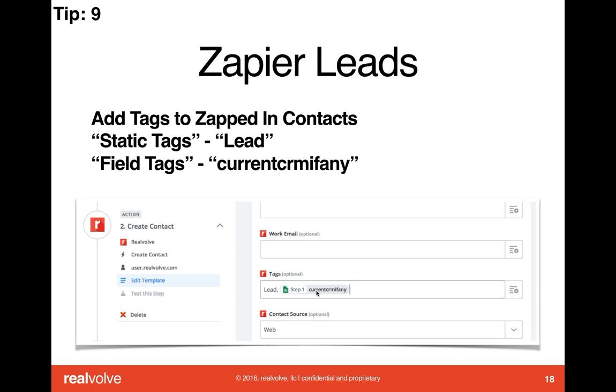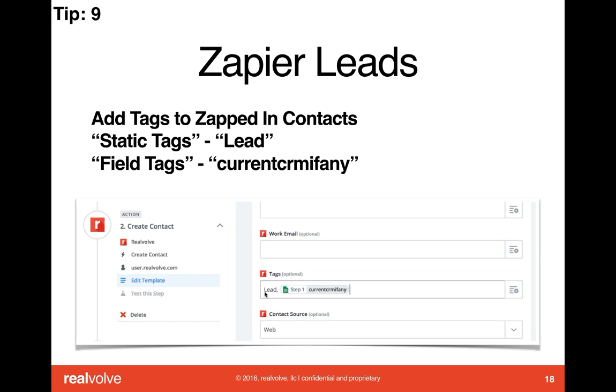So the way you could use this is maybe you've got a form on your database, and in that form, you've got a field that says they are a seller, and another field says that they are a buyer, or maybe it's a drop down: buyer, seller, or both. That particular field on your form could be a field that you're parsing and bringing into the Realvolve system, and then you can make that a tag.